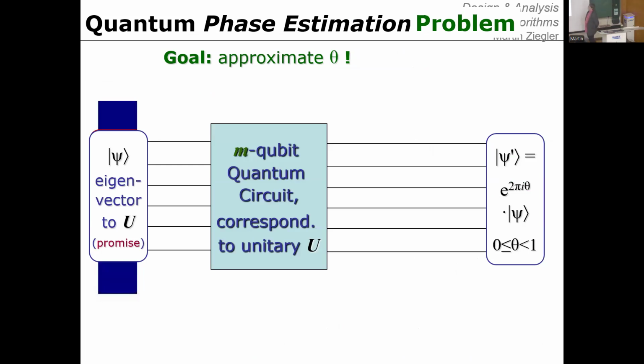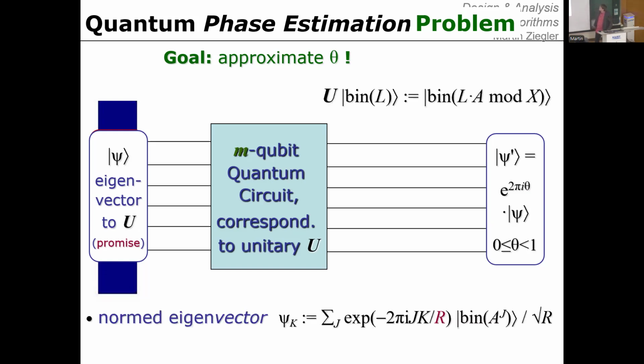Because when we have solved the quantum phase estimation problem, then we will use that as a subroutine to Shor's algorithm to determine the order of a in the following way. So we take this unitary transform. We know mathematically these are the eigenvectors. We know mathematically these are the eigenvalues.